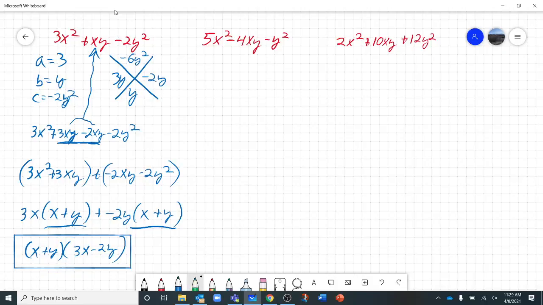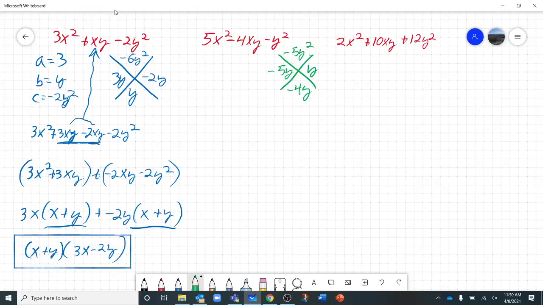Okay, second one. Our a is 5, our c is negative y squared, so negative 5y squared, and our b is negative 4y. So again, this one is going to be negative 5y and a positive 1y.